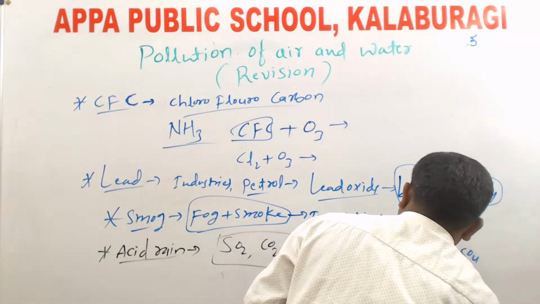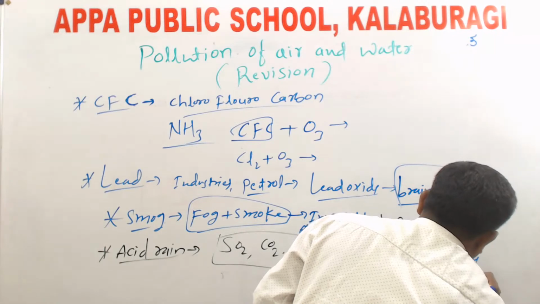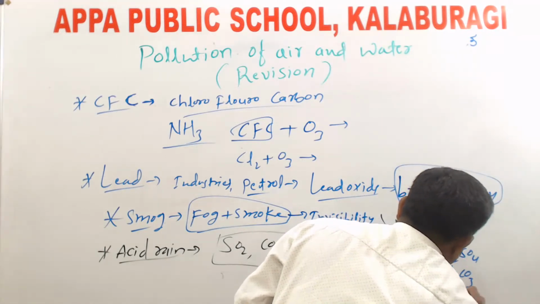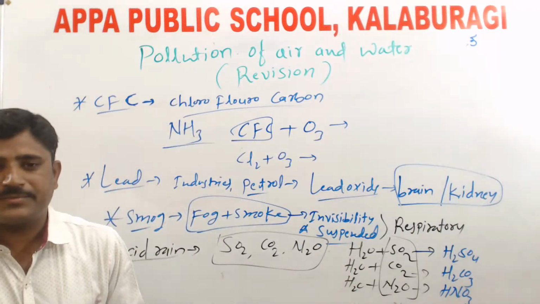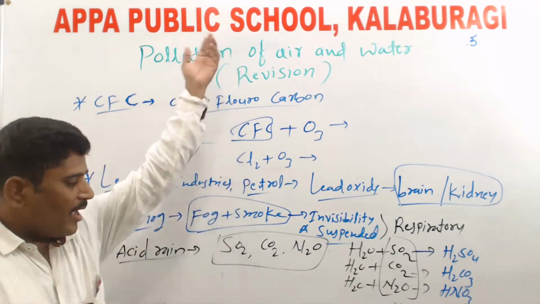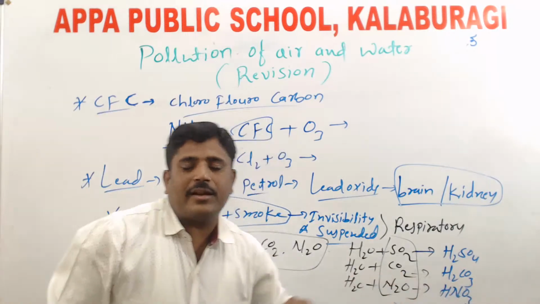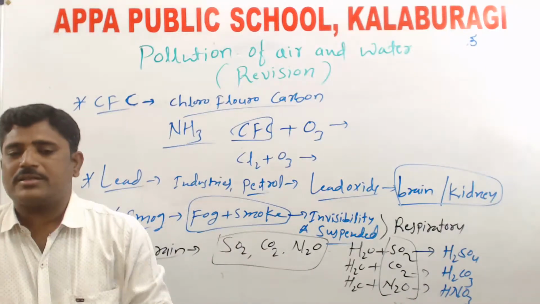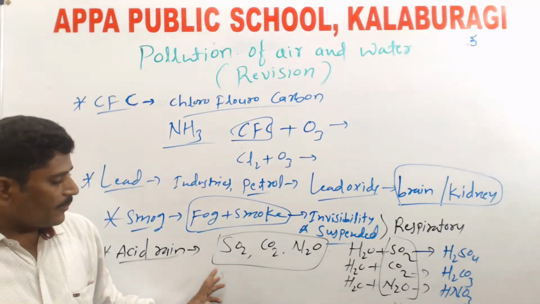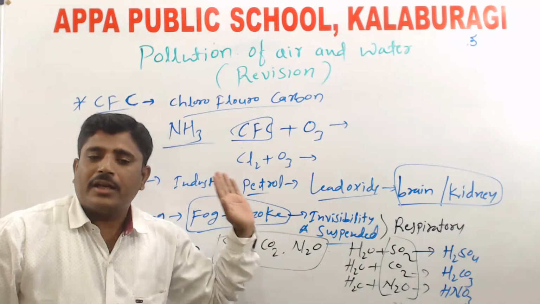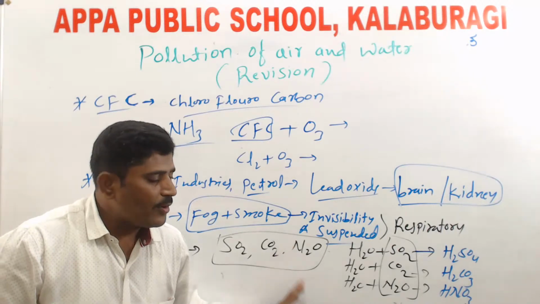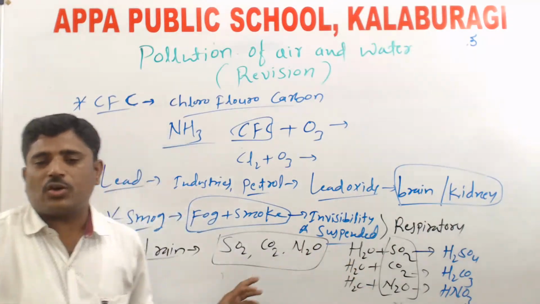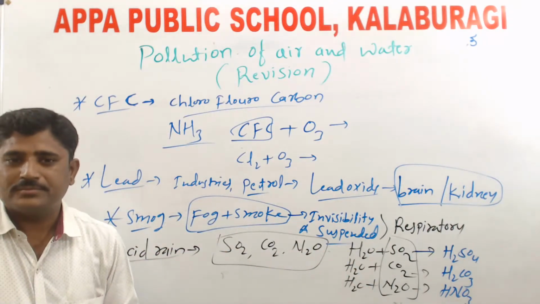Sulfuric acid, carbonic acid, and nitric acid. These are the three acids you get, and the phenomenon is called acid rain. What is meant by acid rain? Gases like carbon dioxide, sulfur dioxide and nitrogen oxide mix with the rainwater and form acid. The process is called acid rain.